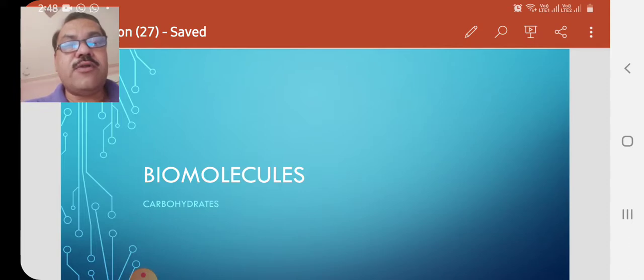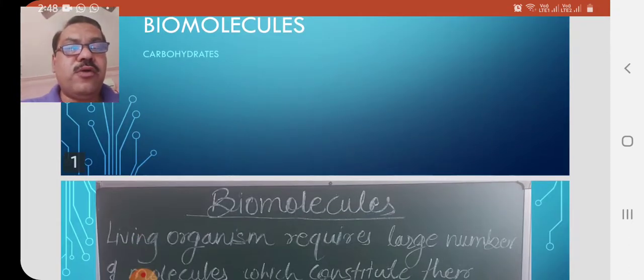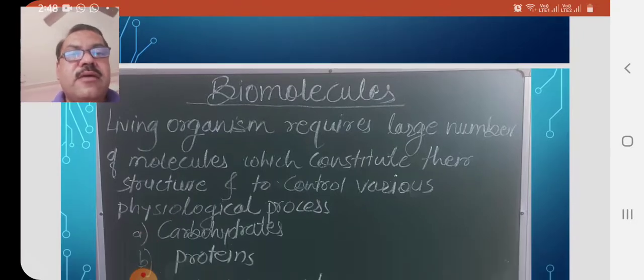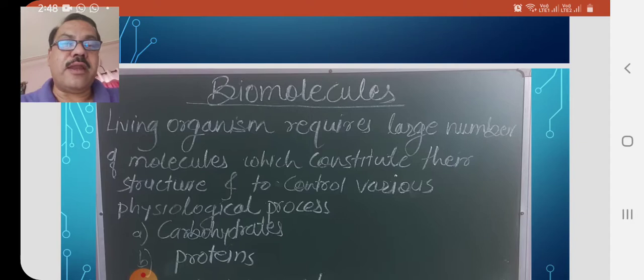First we have to understand what biomolecules are. Every living organism, like plants or animals, requires a large number of molecules which constitute their structure and control various physiological processes.